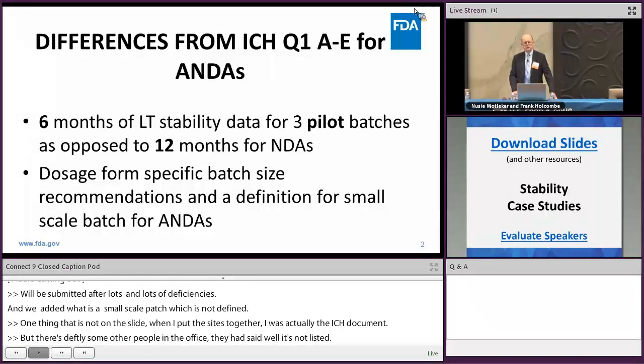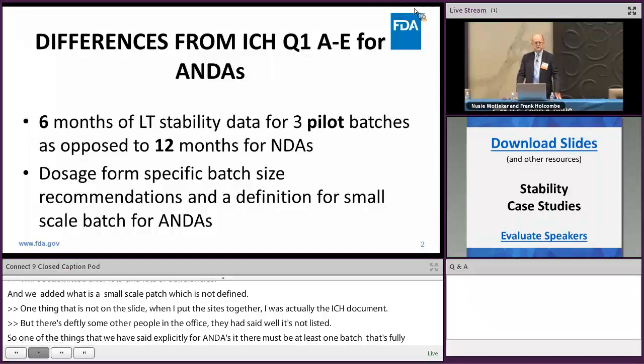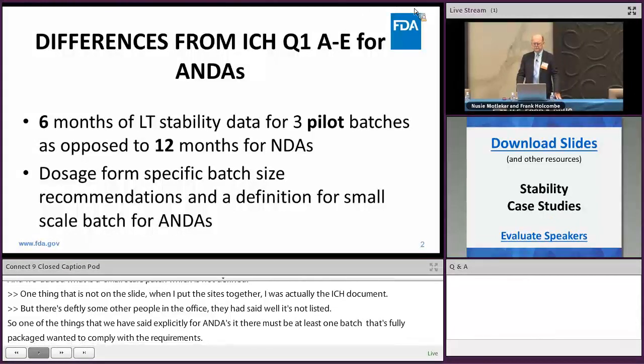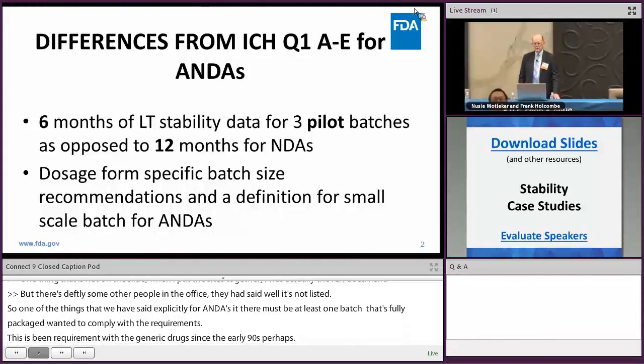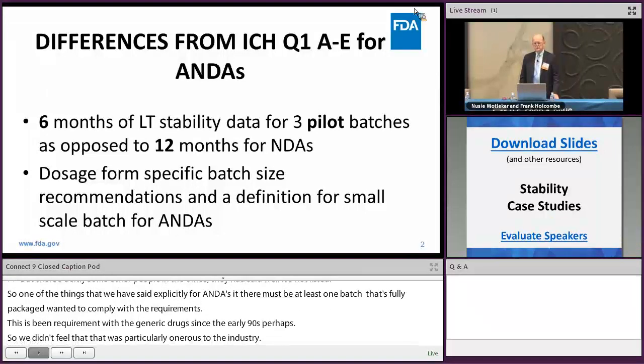This has been a requirement in the Office of Generic Drugs since the early 90s, perhaps. So we didn't feel that that was particularly onerous to the industry. That's the difference. All the other stuff that are in the Q1 documents apply to ANDAs.